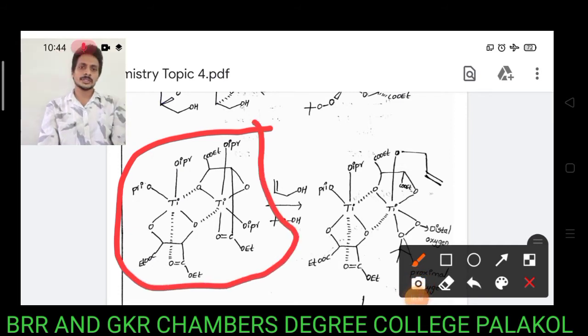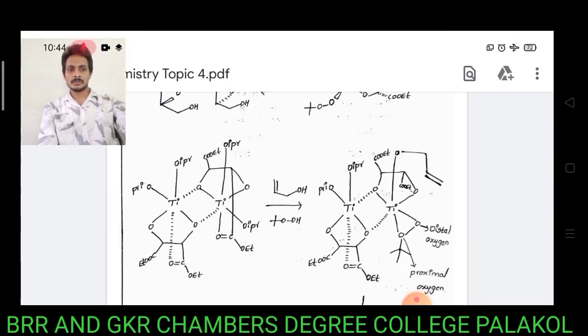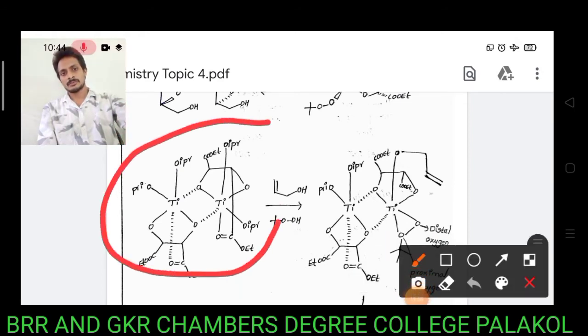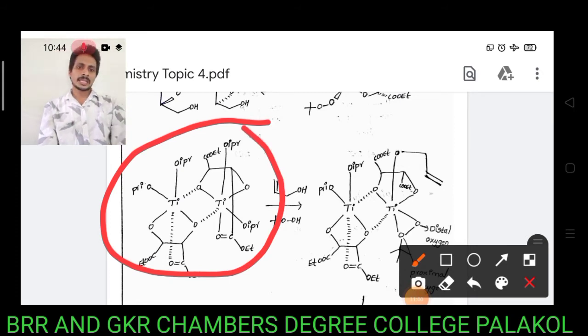In the dimer form, we observe titanium in hexacoordinate form. Two titanium tetraisopropoxide units combine to form a hexacoordinated dimer.